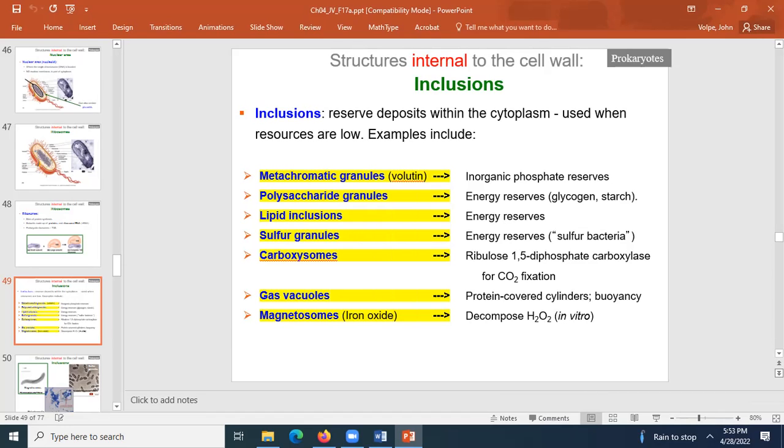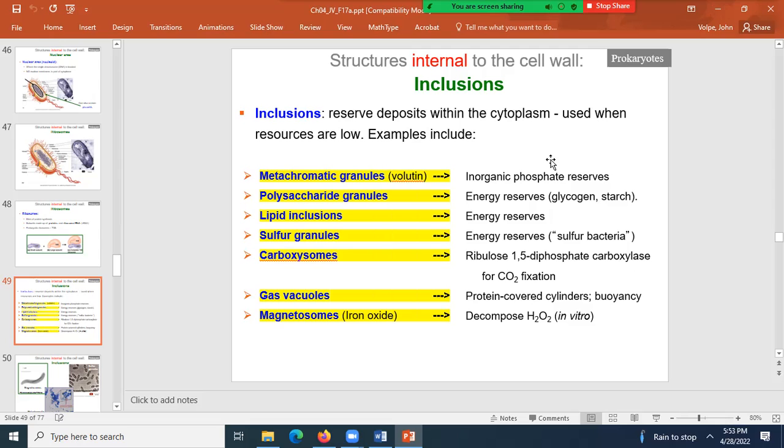If you've ever put too much salt or sugar in water, eventually it'll start precipitating out of solution. That's what I mean. Too much of it has been in the cytoplasm, so now it starts precipitating out of solution.